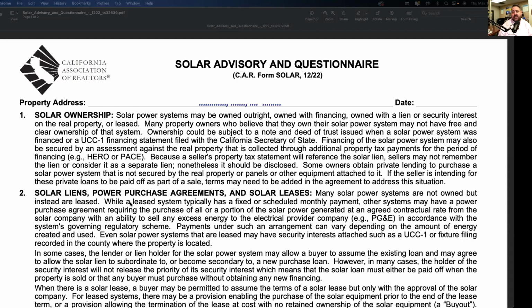And if they can't, during that 17 days, they can cancel if they can't qualify for that lien. The sellers can choose to pay those off, but that's also information you have to get from the company that's holding those liens or leases, to see whether they can or can't be paid off. The HERO and PACE programs have to be transferred over.